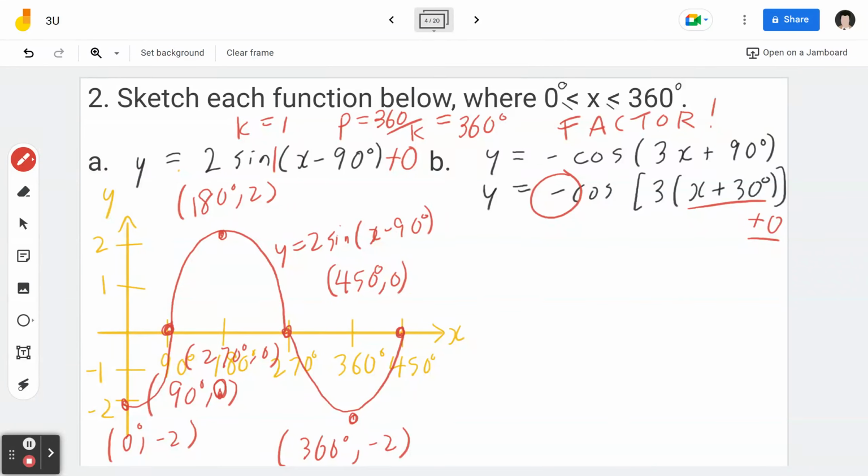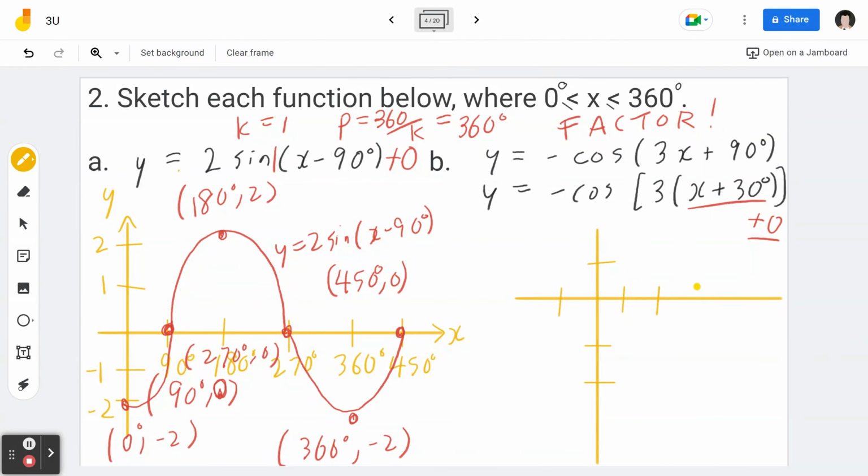So again, I'm going to draw a graph by first setting up a scale for you. Now, when I think about this, we have to graph it from 0 to 360 degrees.